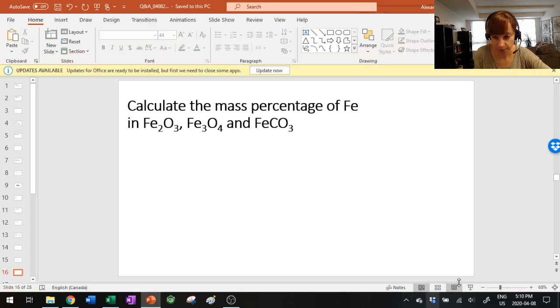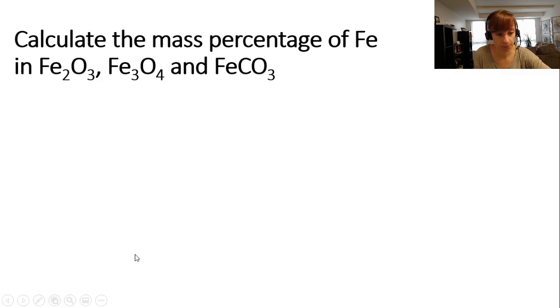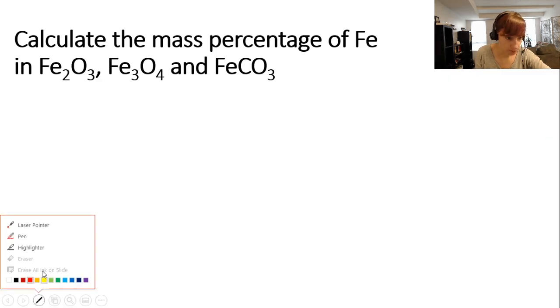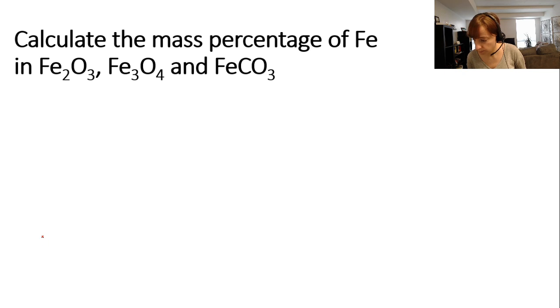So basically we're going to do the same calculation 3 times. I'll go through the first one slowly, make sure you're following along, and then I'll go through the other 2 a little bit quicker because the calculation is exactly the same.